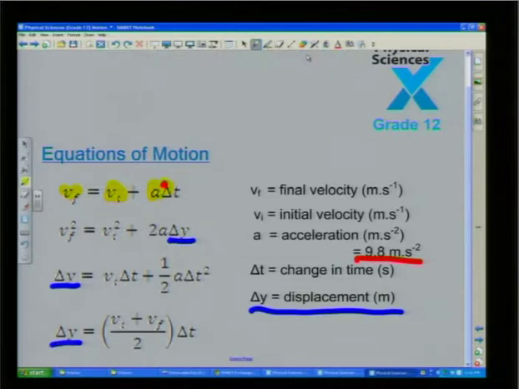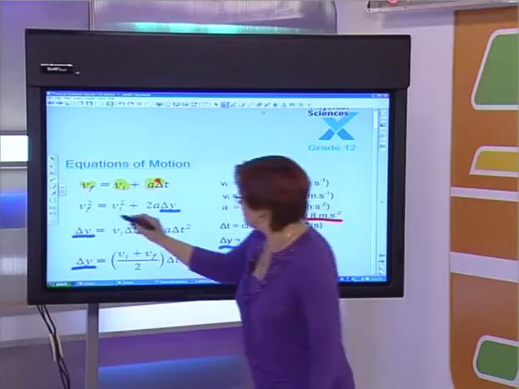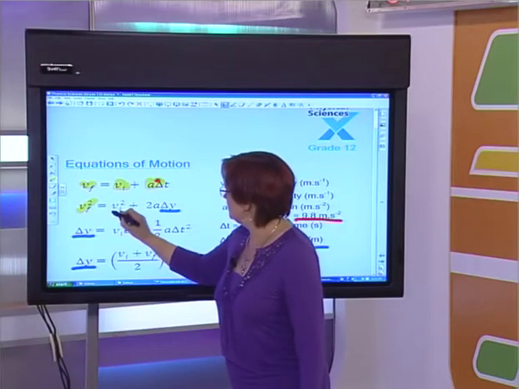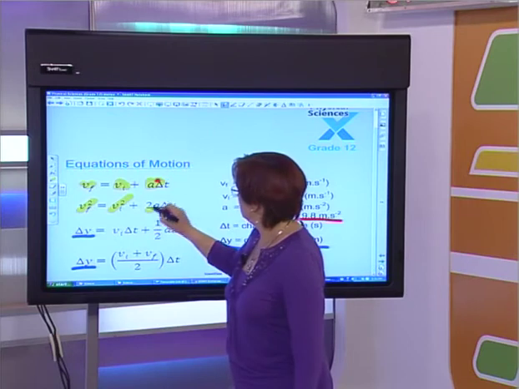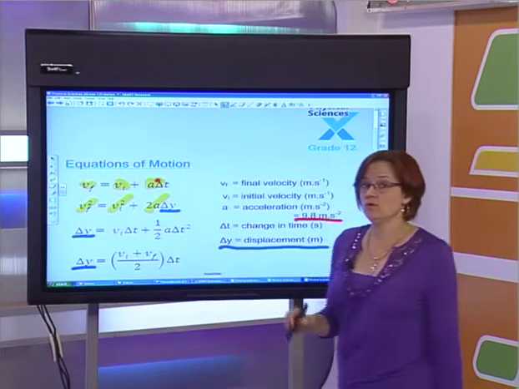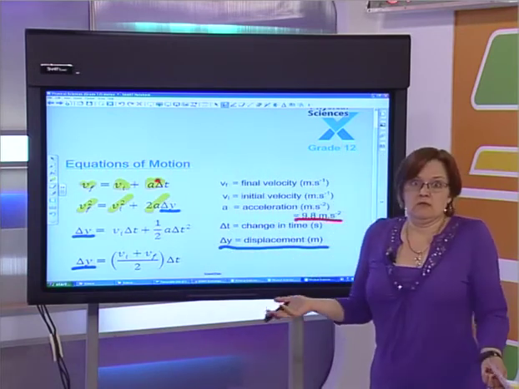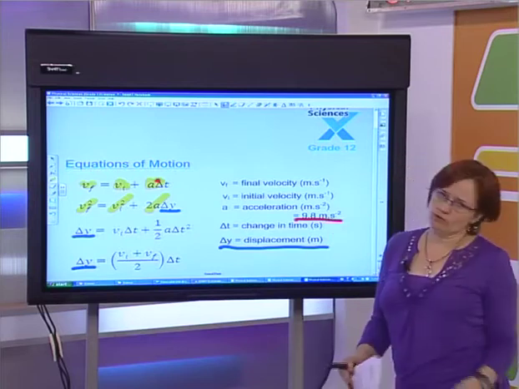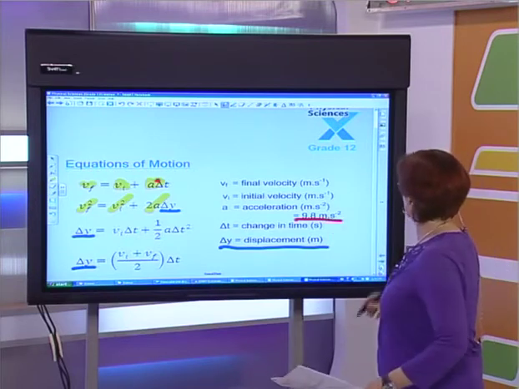Time I don't have, so that equation doesn't help me very much. But if I look at the next equation, I have final velocity, initial velocity, acceleration, and I'm looking for y. Done. You don't have to remember all your equations, and that's the important part here, okay?